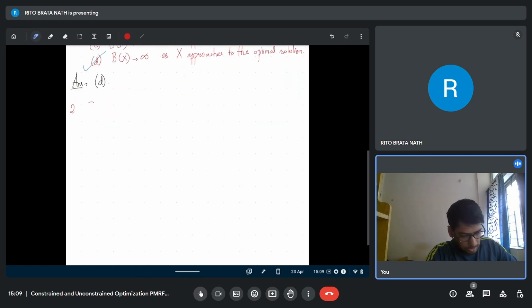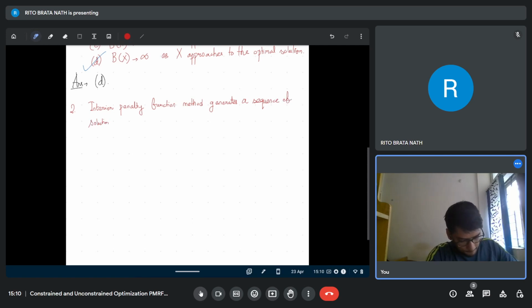It says the interior penalty function method generates a sequence of solutions x by minimizing the function.